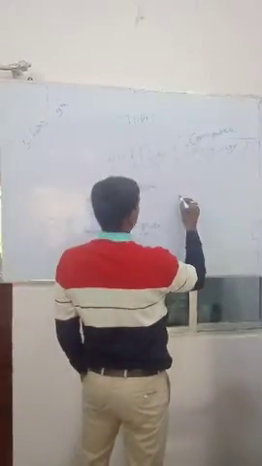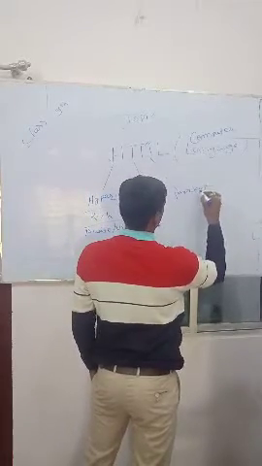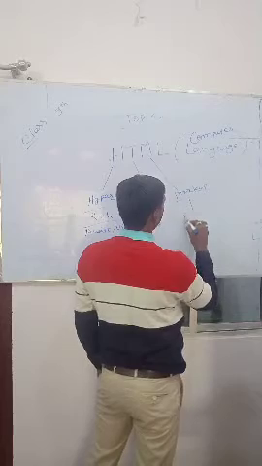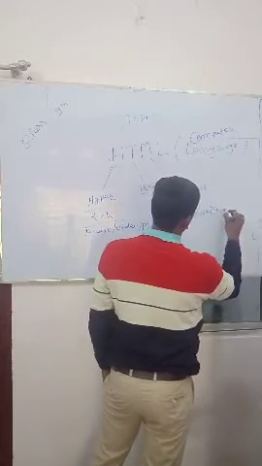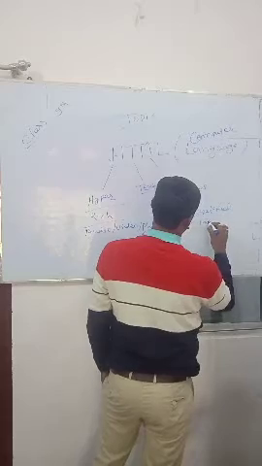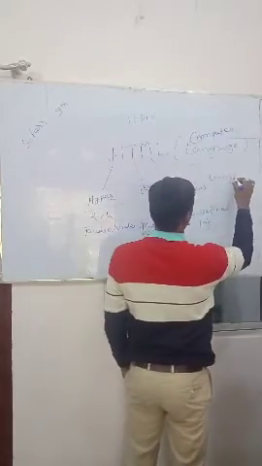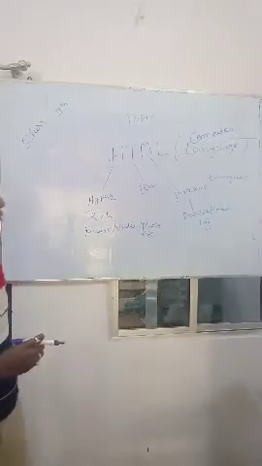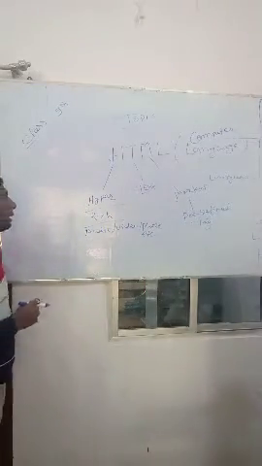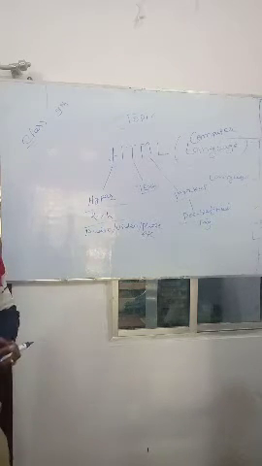Next one is M for markup. Markup, that means predefined tag. L for language. So I hope all of you understood the full form of HTML, and why we say HTML is a type of rich text.